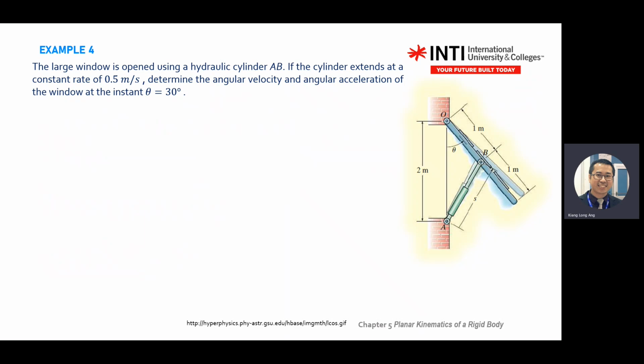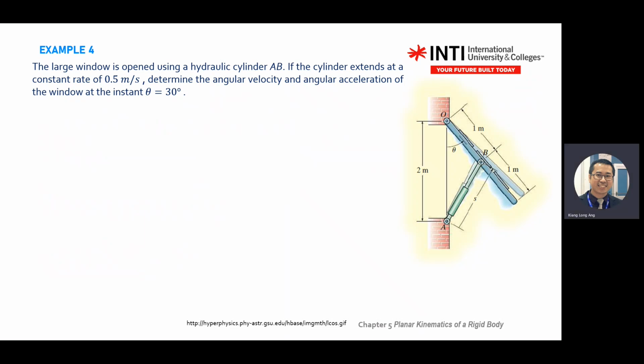The blue color window. What is the angular velocity direction? Why clockwise? Are you closing the window or opening the window? How do you open a window?